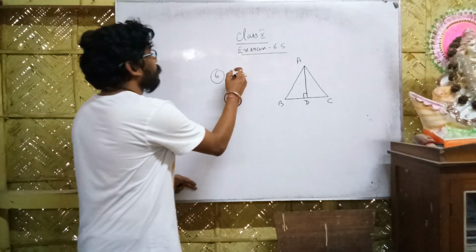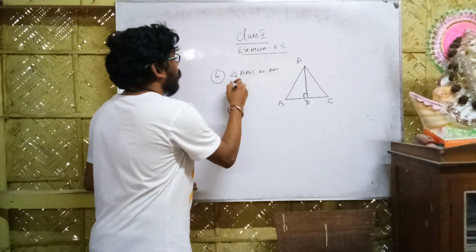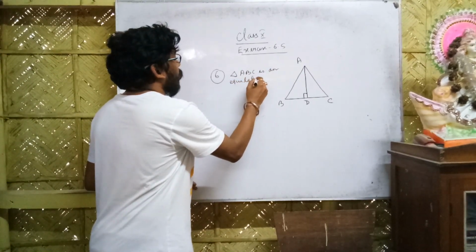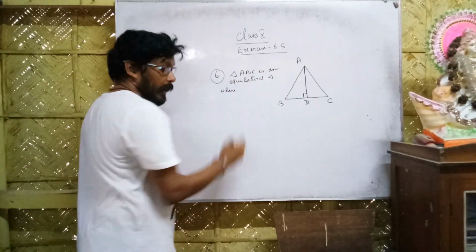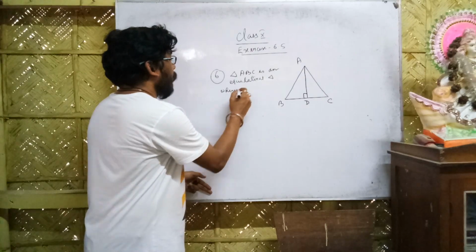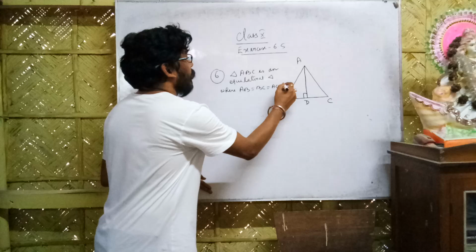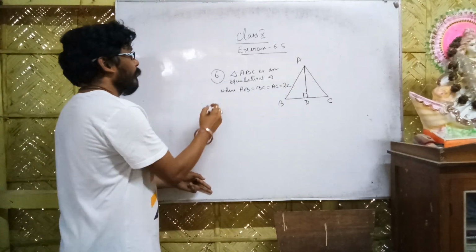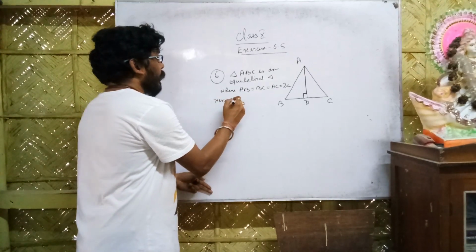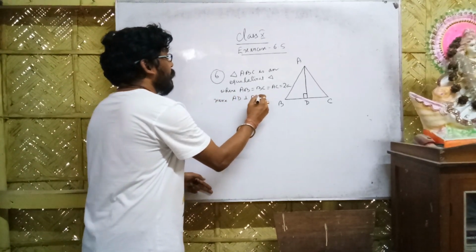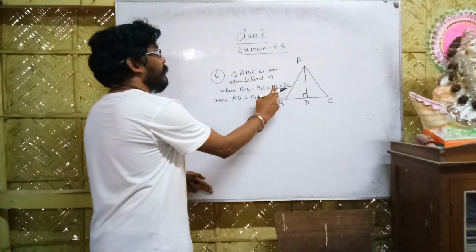Triangle ABC is an equilateral triangle where the length of each side is given as twice A, where AB equal to BC equal to AC equal to 2A. Okay.